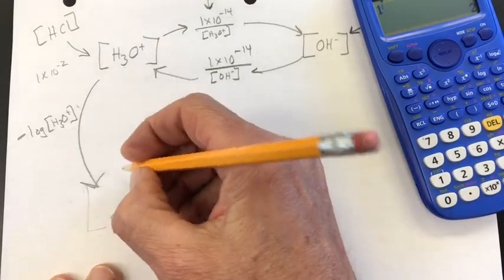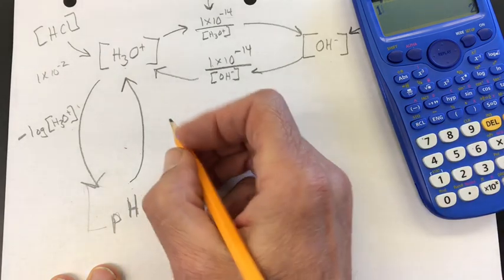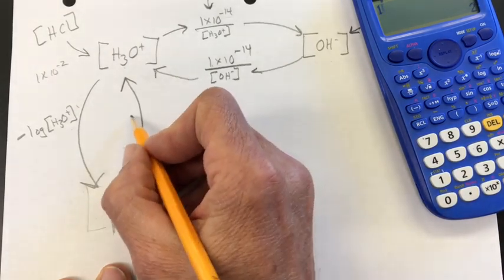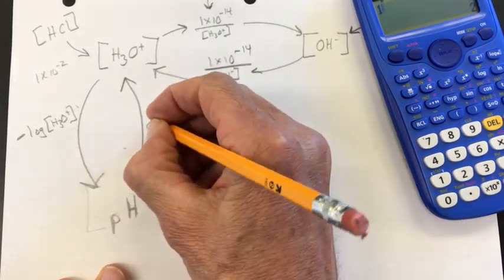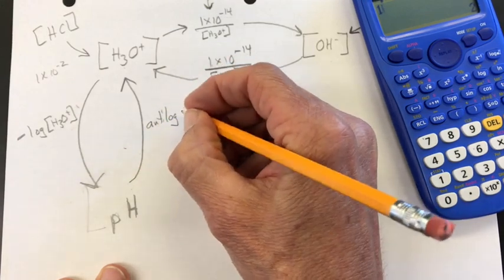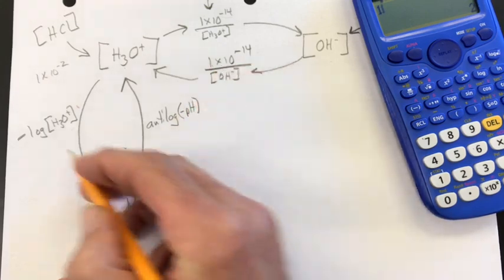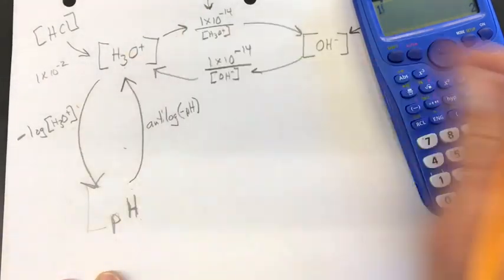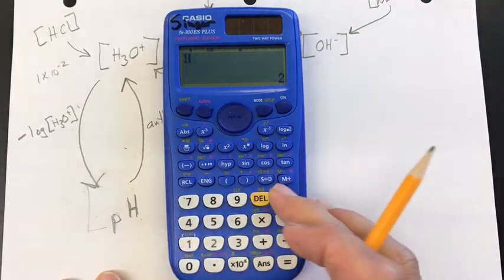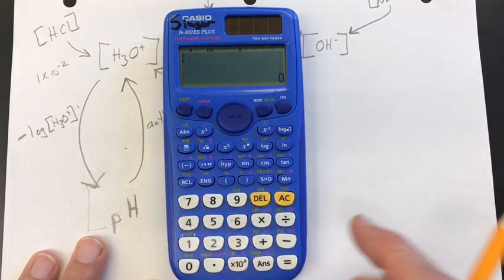Well, what if I know the pH and somebody's asking me for the concentration? How do I get there? On your calculator, you're going to do the anti-log of the negative pH. Why do we have to do negative? Because we lost it coming this way, so we have to put it back going this way. Let's say my pH is 2 and I want to go back.